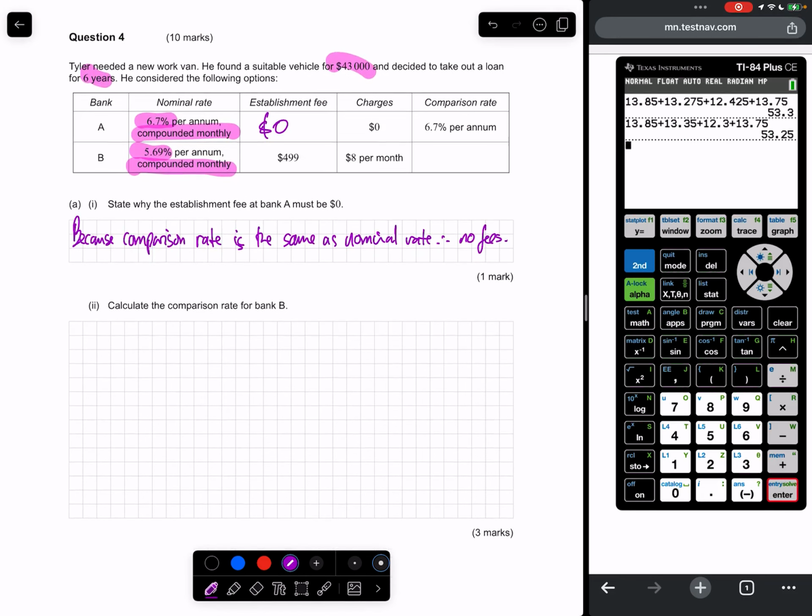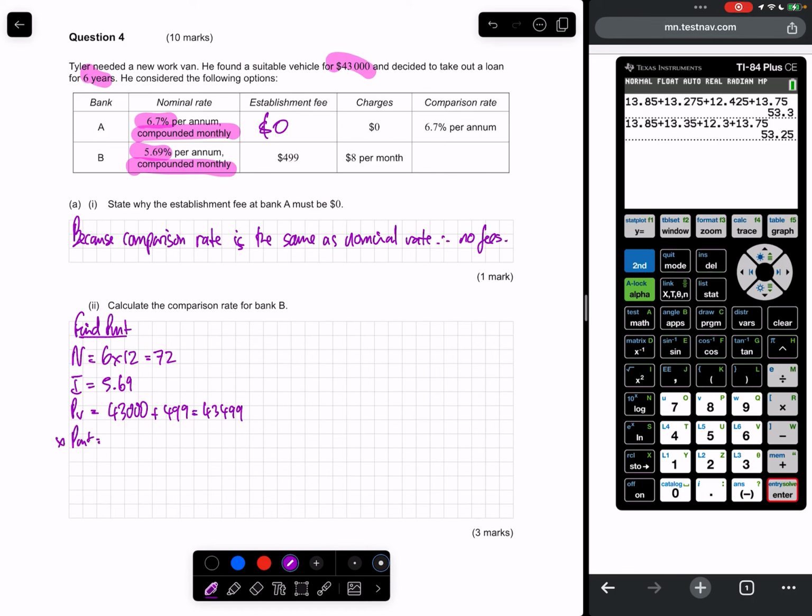Calculate the comparison rate for Bank B. I need to find payments. N: six times 12 is 72. Nominal rate is 5.69% per annum. PV is the 43,000 plus the 499, so 43,499.